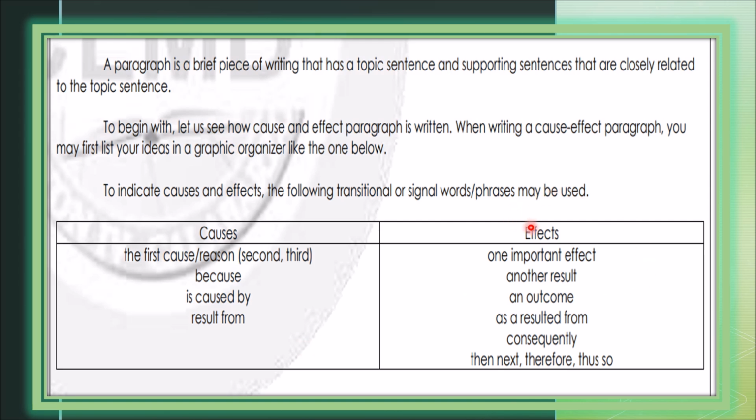These are the signal words for effect: one important effect, another result, one outcome, as a result of, consequently, then next, therefore, thus, so. So, you will know, children, if it is cause and effect because of these phrases.